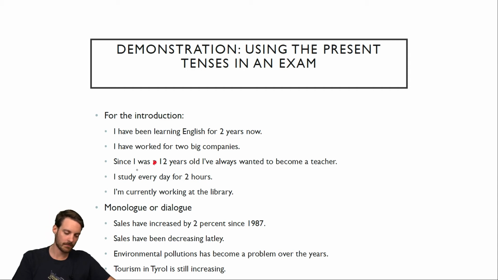So be sure to use the past here. That's very important. Just so you know and don't make that mistake ever again. Then, of course, since I was 12 years old, I've always wanted to become a teacher. Until now, I've always wanted to become a teacher.